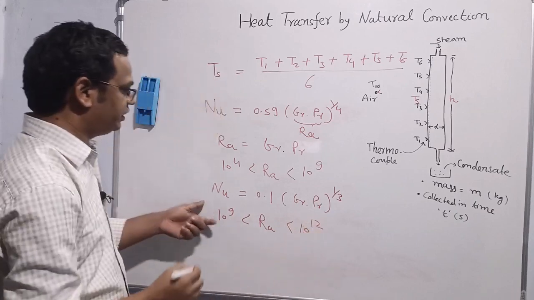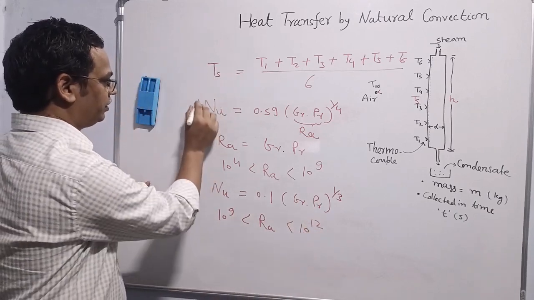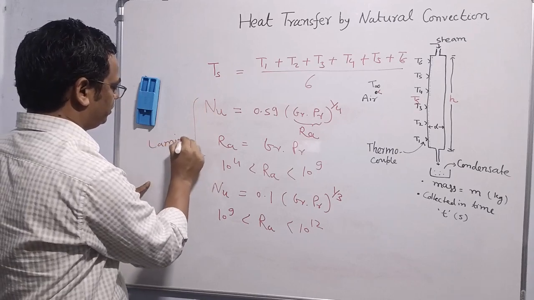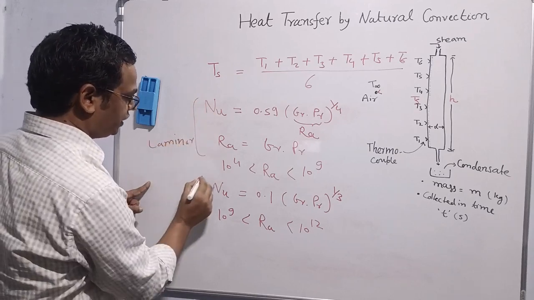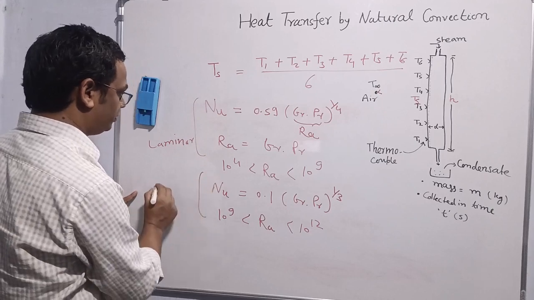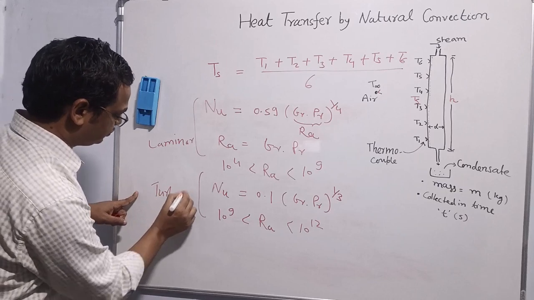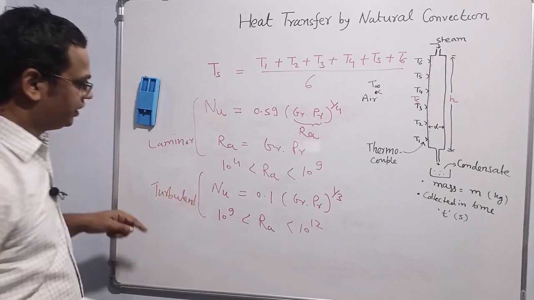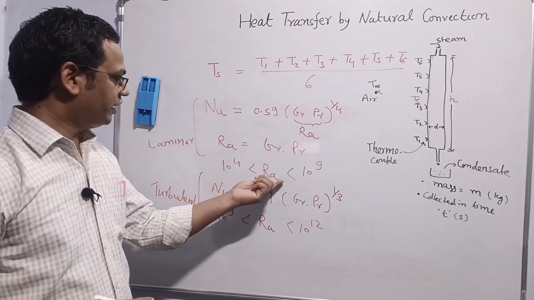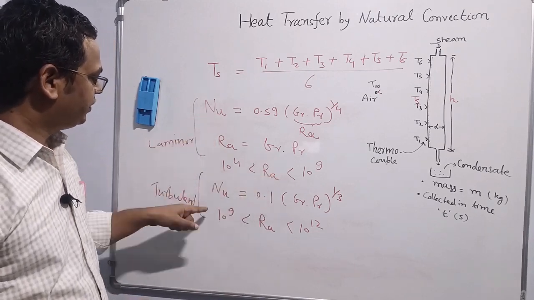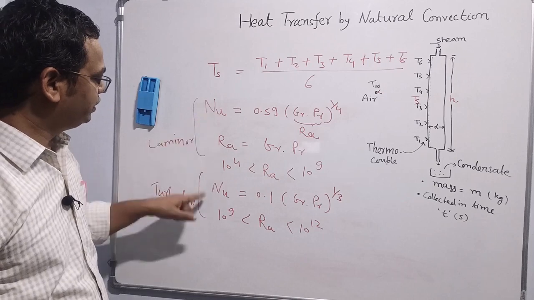This is for laminar, and this is for turbulent. So first of all, we have to calculate the Rayleigh number. Once we find the range, we can apply the particular equation, either this one or this one.